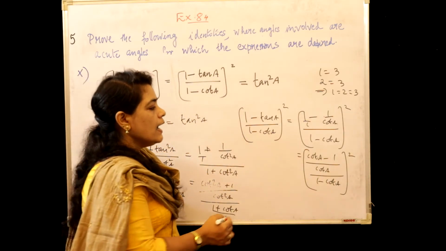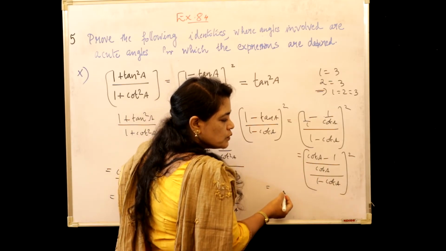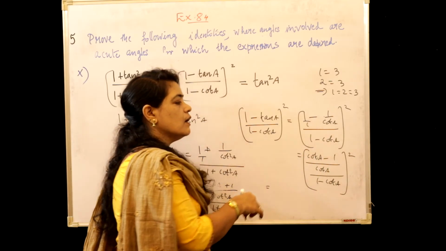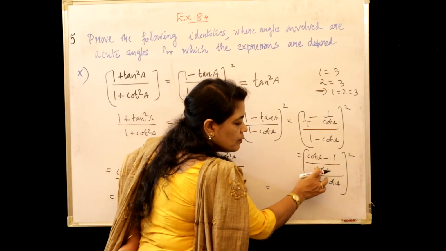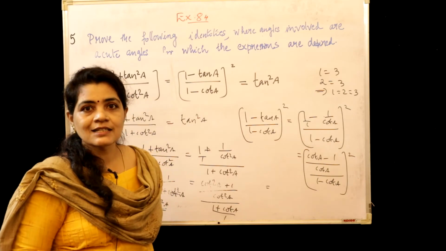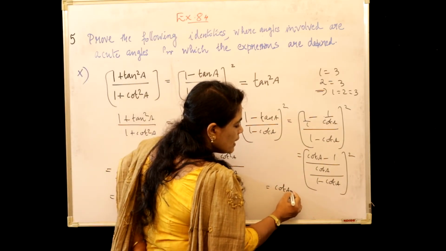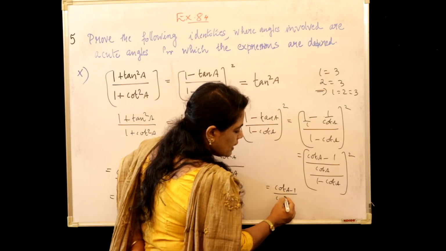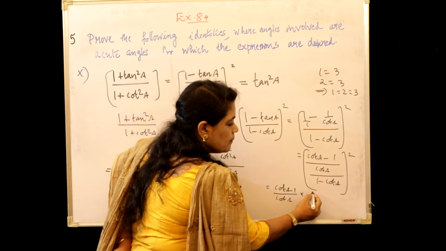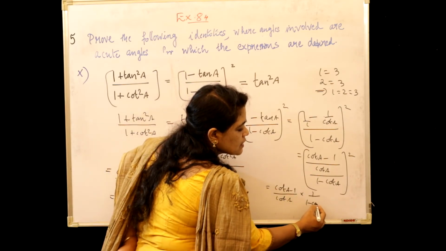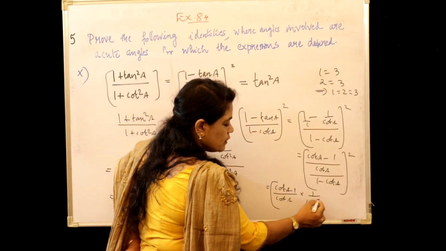Understood? Okay. And in the next case, see children, here we are going to write, taking the reciprocal of the second, here we have a by b, here the a is 1 minus cot a. So cot a minus 1 by cot a, into 1 by 1 minus cot a, and here we have whole square.